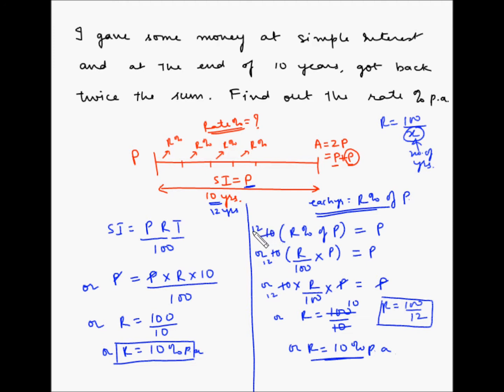So suppose this was 14, then it would be 100 divided by 14. So this is the quick and simple way of finding out the rate percent when the amount is doubling up in X number of years.